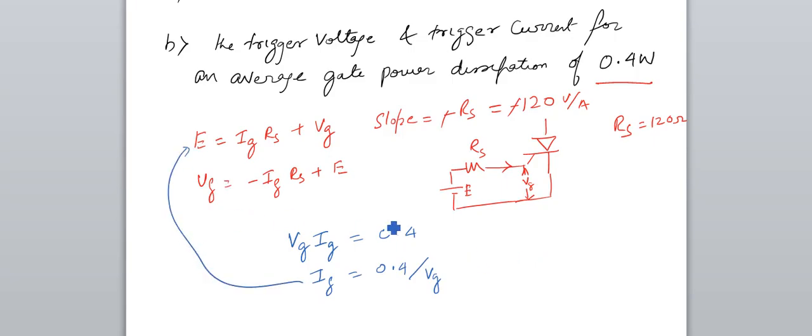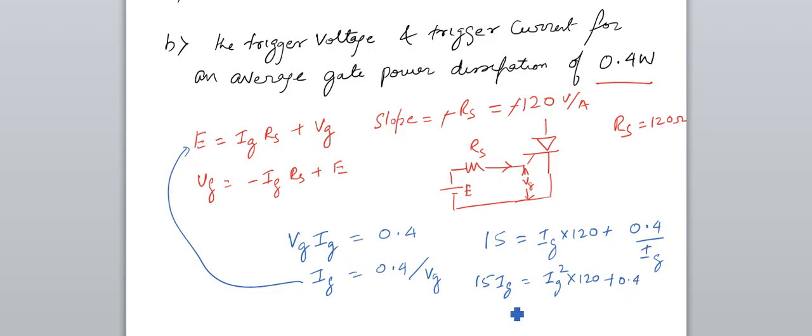So your E, which is given as 15, is Ig into 120 plus, in place of Vg, 0.4 upon Ig. So here you will get a quadratic equation: Ig square into 120 plus 0.4, right? So if you calculate, this quadratic equation gives 120 Ig square plus 15 Ig minus 0.4, and that is equal to 0.